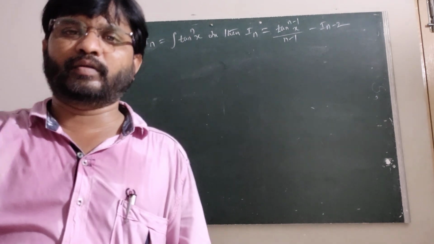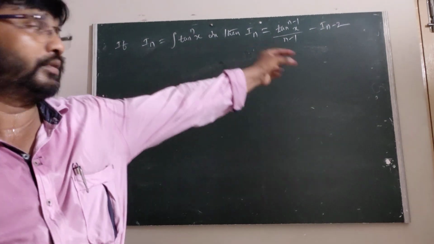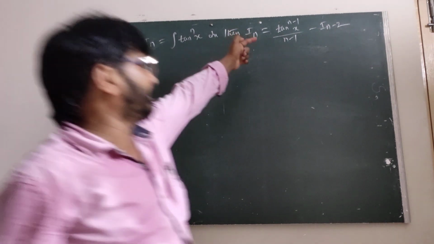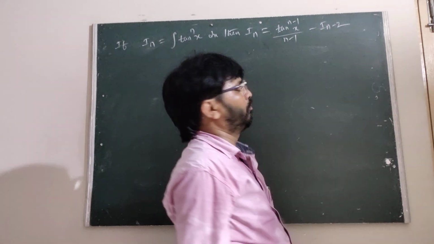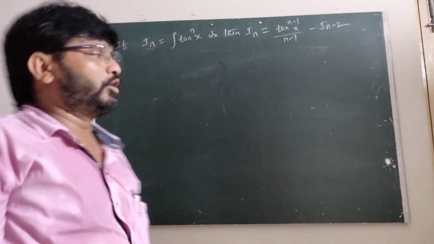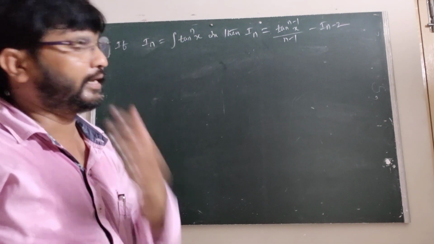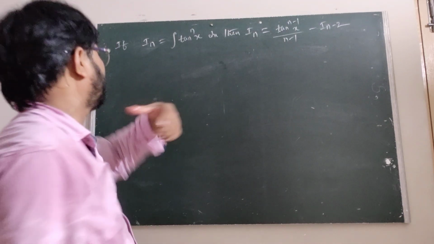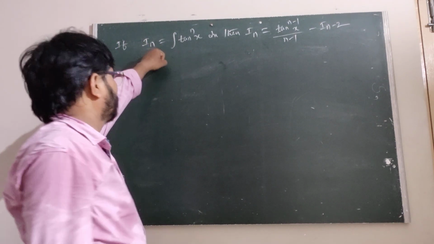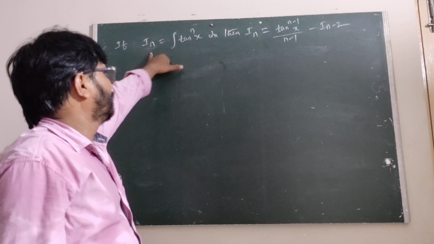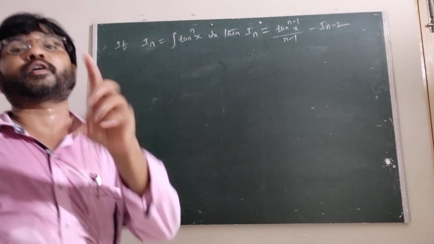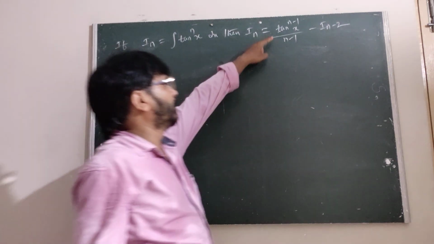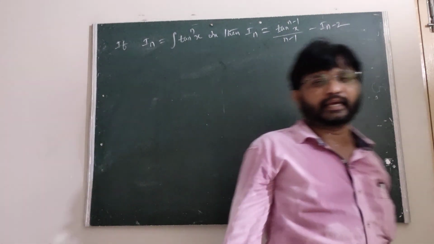Integral tan power nx into dx is tan power n minus 1 x upon n minus 1 minus I n minus 2, where n is greater than or equal to 2 and n belongs to N. After that, you can prove that integral cot power nx dx is the minus of cot power n minus 1 x upon n minus 1 minus I n minus 2.